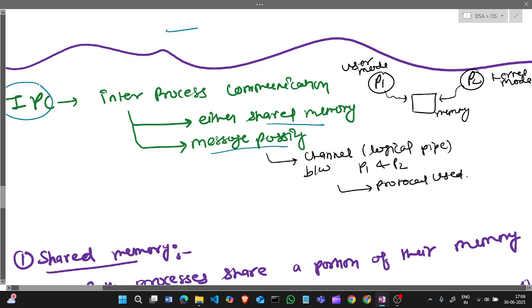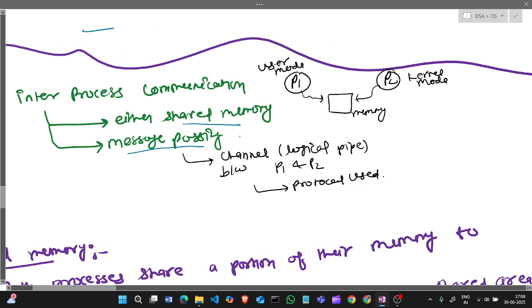Okay, so in shared memory, the two processes share memory to communicate. For example, process 1 is user mode type and process 2 is kernel type. Then they will share memory to communicate, so it writes, the other reads the data, and it reads, writes, etc. And the second is the message passing technique.